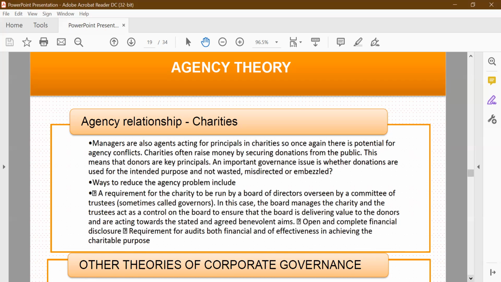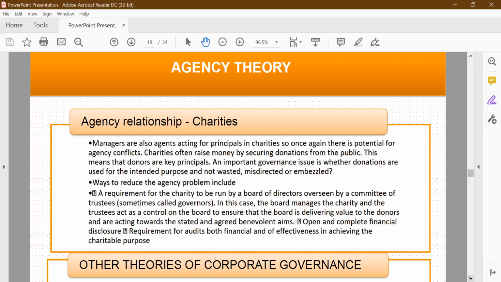So for a charity, what are the ways to reduce the agency problem? A key solution is that the charity can be run by a board of directors overseen by a committee of trustees. These trustees are sometimes called governors.